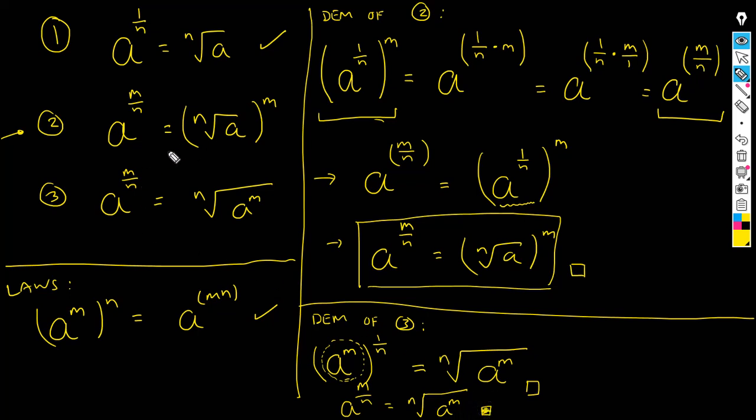So whether you use this way in order to interpret this number or this way, both are perfectly fine. Let's go over to some examples. For example, let's suppose that we have 4 to the 2 over 3.